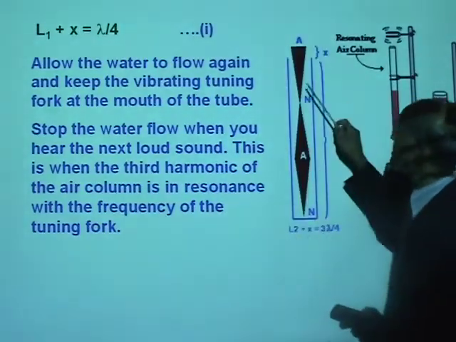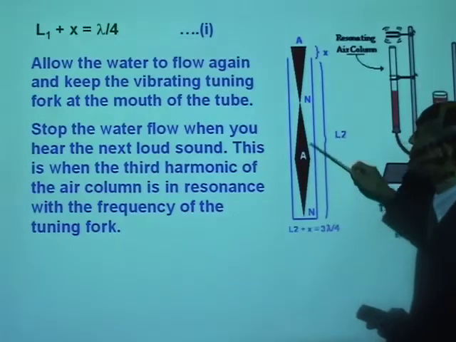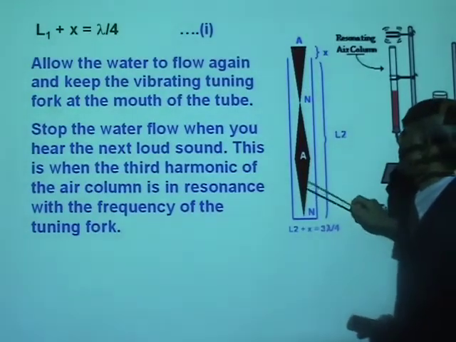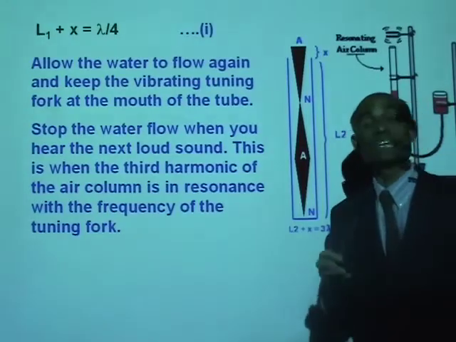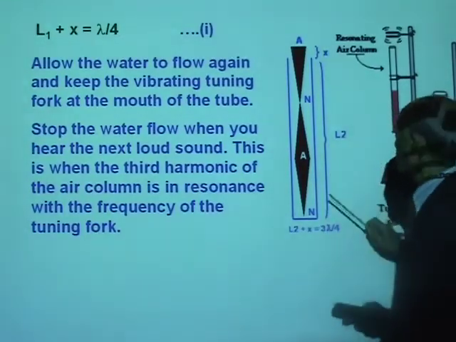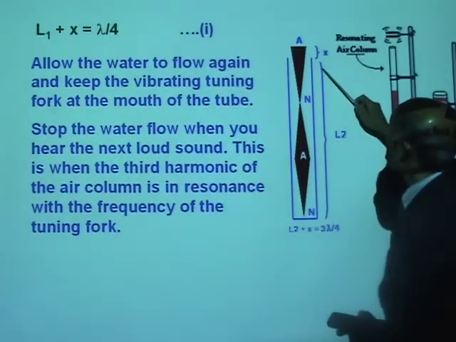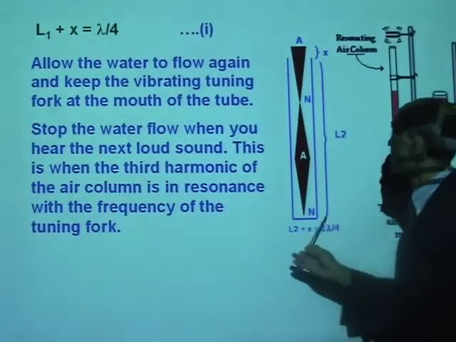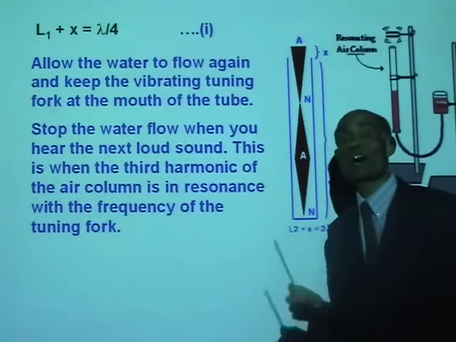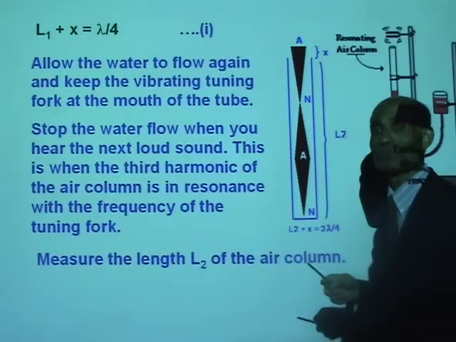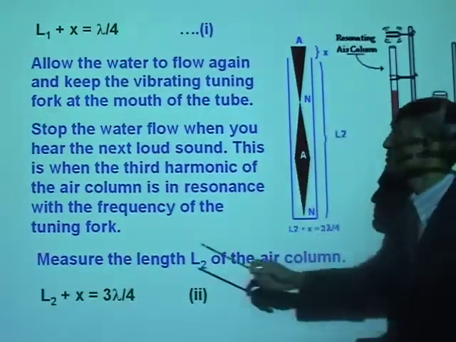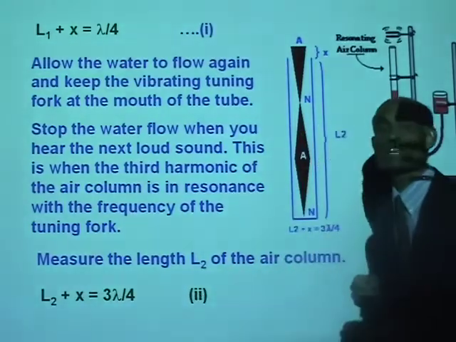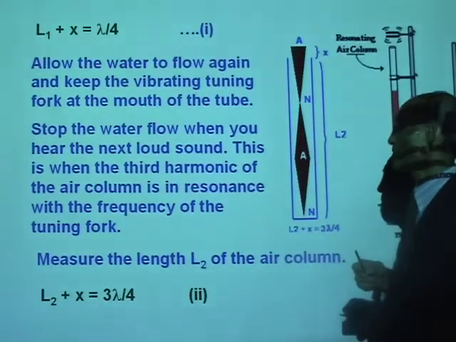Now, what is the second mode of vibration of the closed tube? This is it. There will be 3/4 of a wave inside the tube. So, measure the length L2 at that time when you hear a loud sound for the second time. Alright? So that you get L2 plus X equal to 3 lambda by 4.